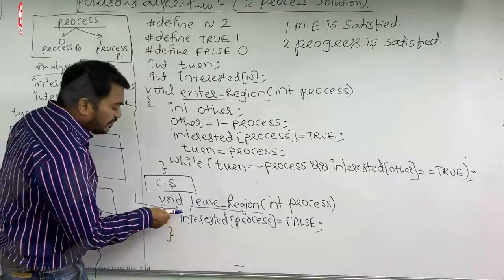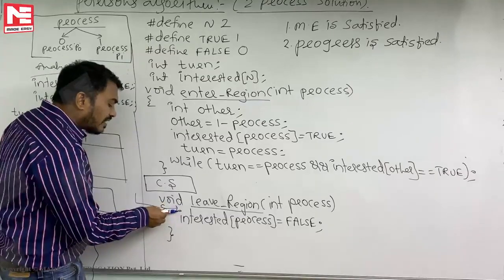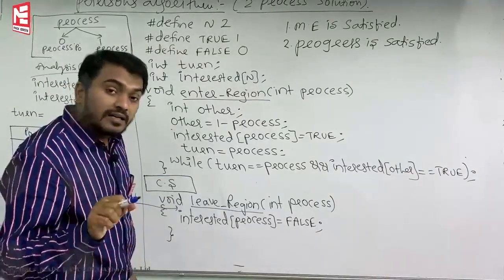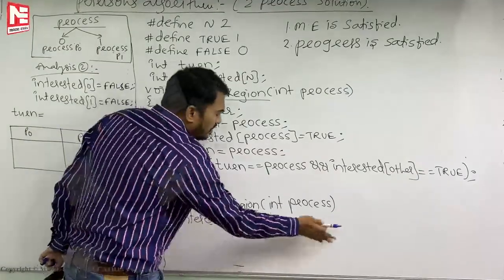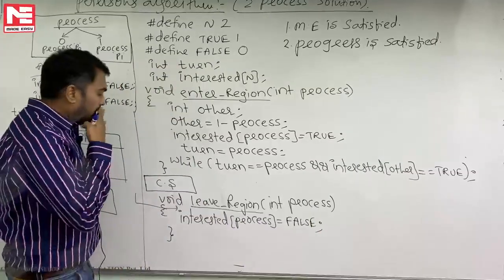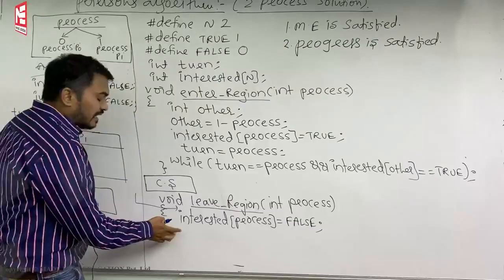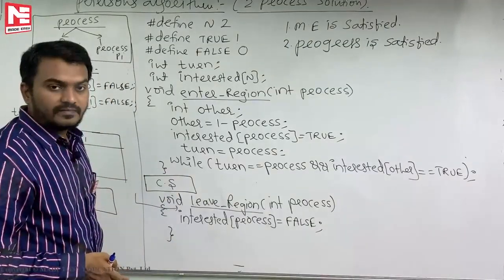Remember, even when you take preemption here, you have to consider the critical section busy only. Unless and until the interruption of process equals false, you need to consider that the process is still inside the critical section. Is that clear?